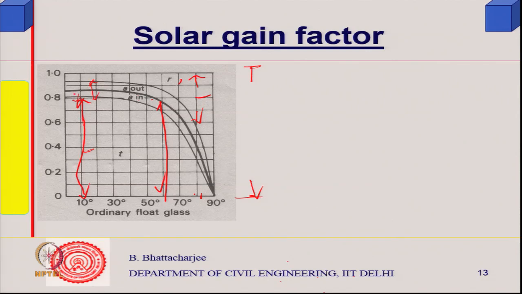This is fully transmitted, absorbed light, part of it is transmitted. This is the absorbed light which goes out, and reflected is thrown out. So, if the total is 1, out of which this fraction is reflected, this fraction is directly transmitted, and this fraction is absorbed, part of it is then transmitted again, and this is a function of angle of incidence also.